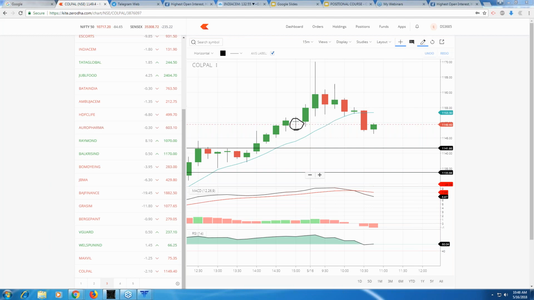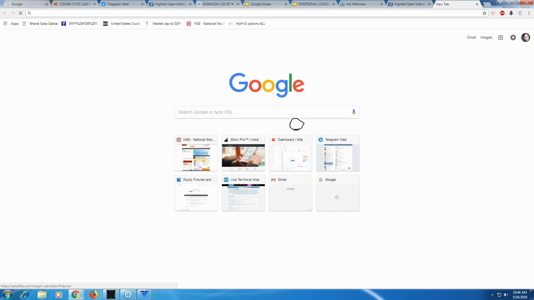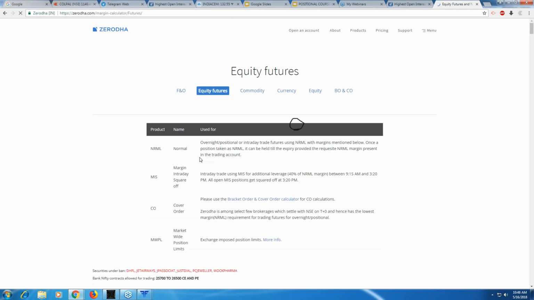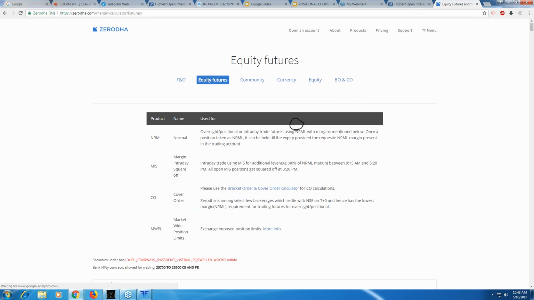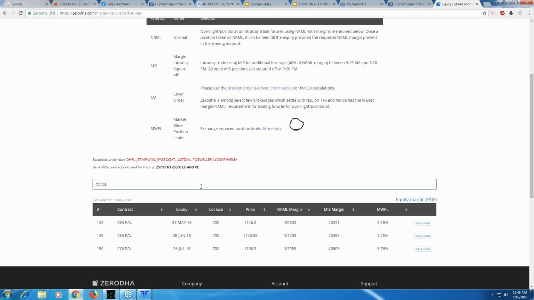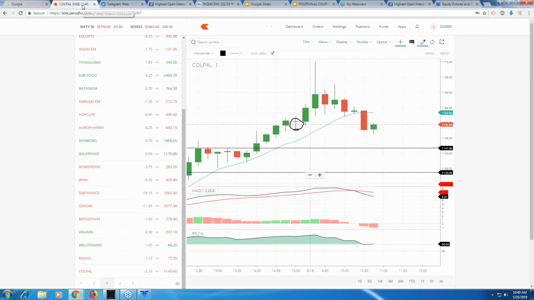If you want to check the lot size of Colgate-Palmolive, the lot size is 700, right? And going from 1148, if you want to book it at 1154 or 1153, you get good returns of about 6 points, which is 4,200 rupees, right?